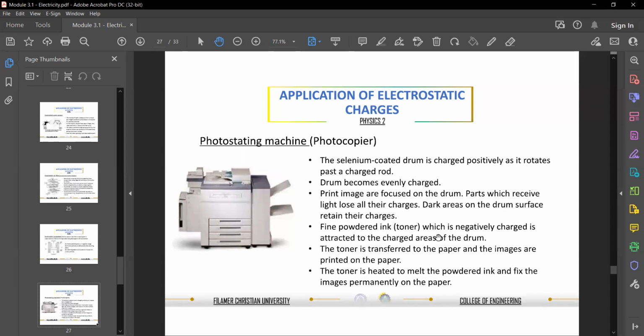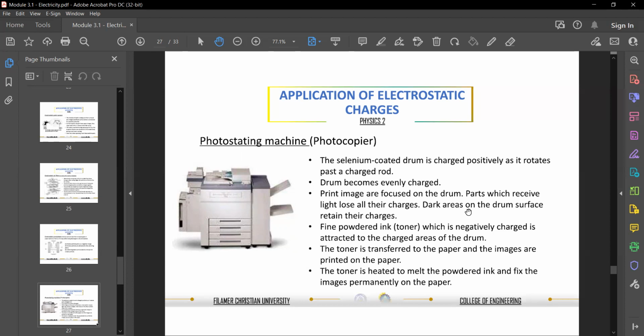What else? We have also the photostating machine, or what we call the photocopier. The selenium coated drum is charged positively as it rotates past a charge rod. Then the drum becomes evenly charged. The print image is focused on the drum, and parts which receive light lose all their charges.